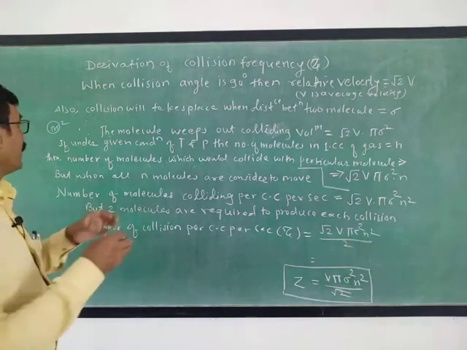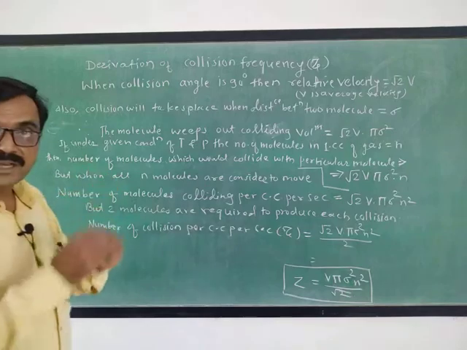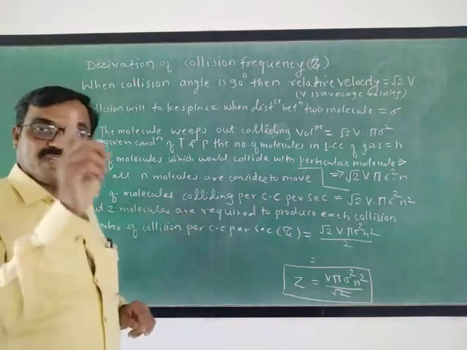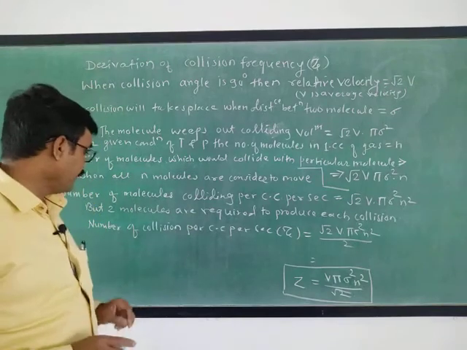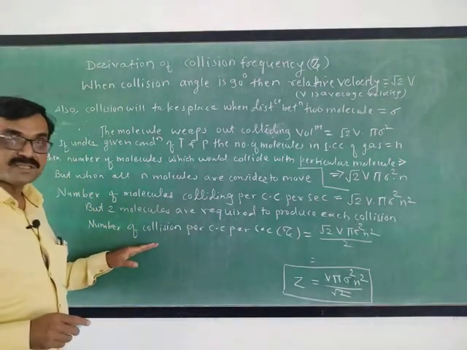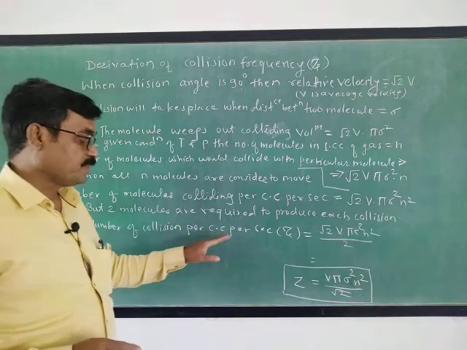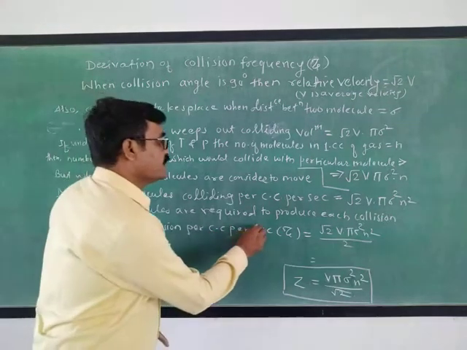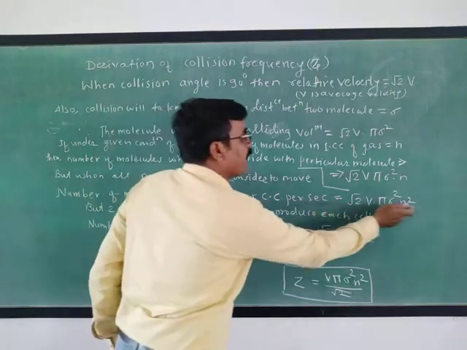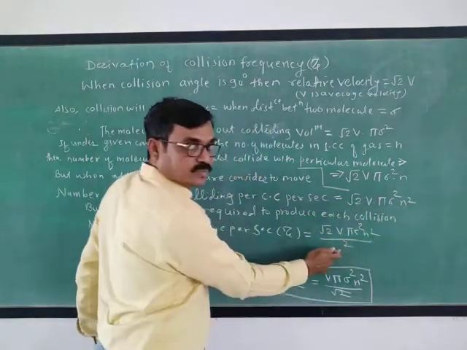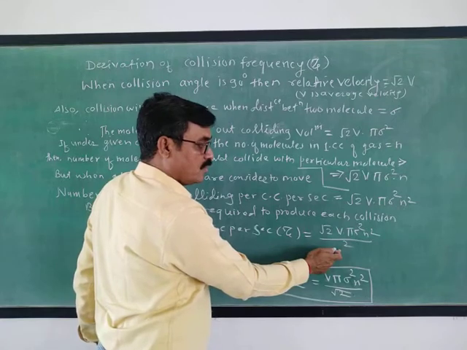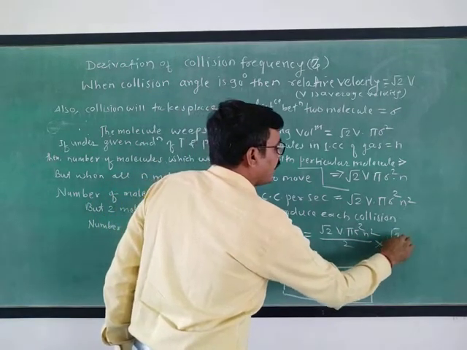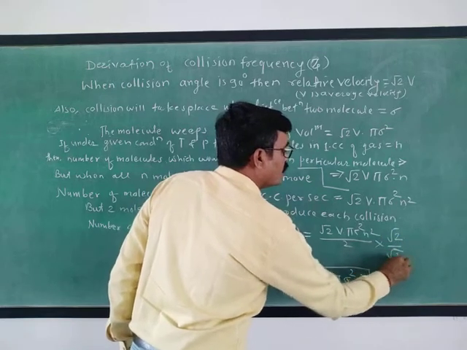Now you know that two molecules are required to produce each collision. That's why the number of collisions per cc per second is this term divided by 2. Now solve it. It can be multiplied and divided by √2.